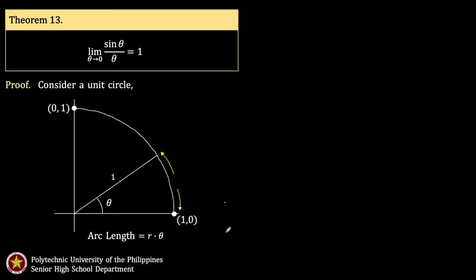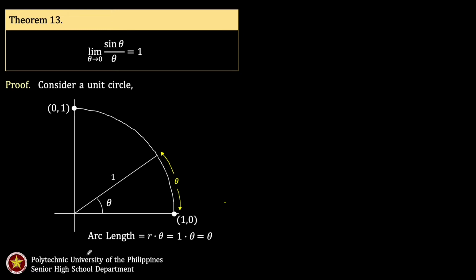R times theta. R is a radius. Since this is a unit circle, the value of r is 1. Then theta is unknown, so as is. Now simplify, 1 times theta is equal to theta. This implies that the arc length is theta. This is our first function.